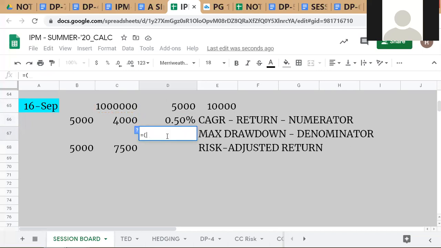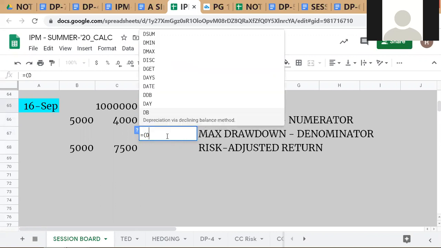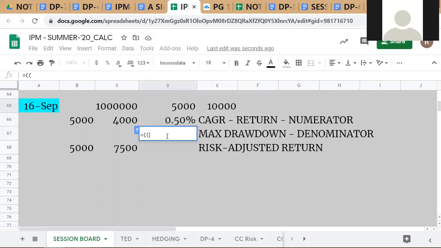Sir, minus 10,000? No, that's not how it will be written. It will be written as 1 million minus the amount of loss that you suffered. That will be the numerator, and that will be divided by the starting value.